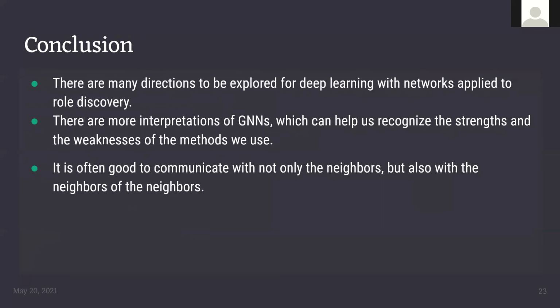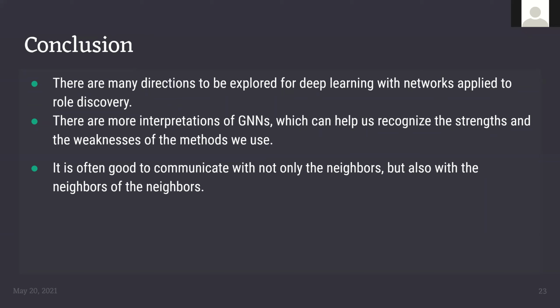So I have some concluding remarks, and then I would love to have a bit of a discussion with you. First of all, as I hope I explained today, there are many directions to be explored in the application of deep learning with networks when it comes to the discovery of roles in graphs. One of the tools that is most promising is graph neural networks.